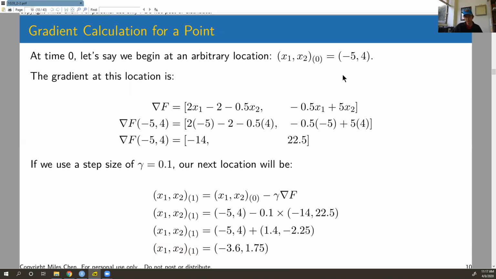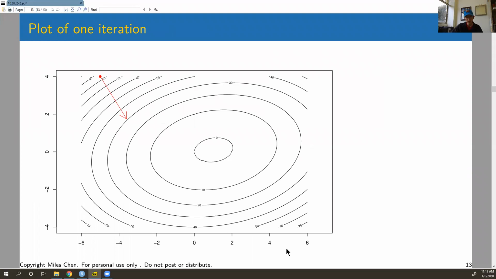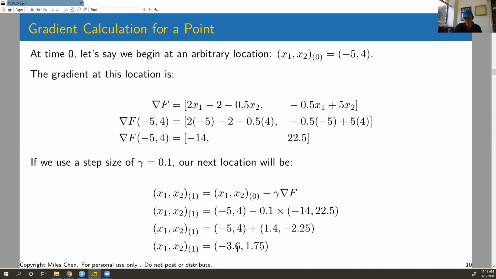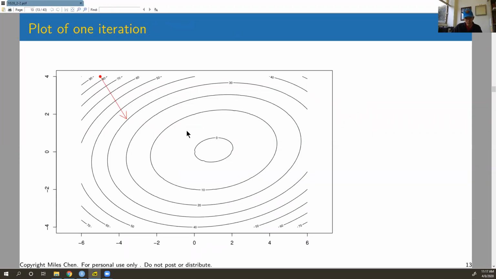I start off at -5, 4, and I'm going to end up at -3.6, 1.75. Let me skip ahead a couple slides. This is my starting location at -5, 4, and taking one step in the direction of the gradient takes me to -3.6, 1.75, which is right here.